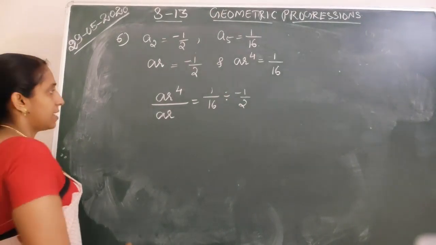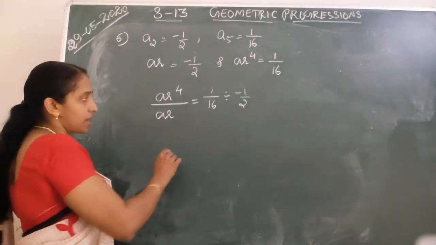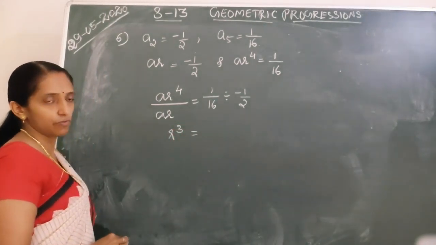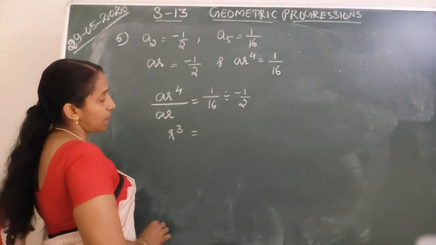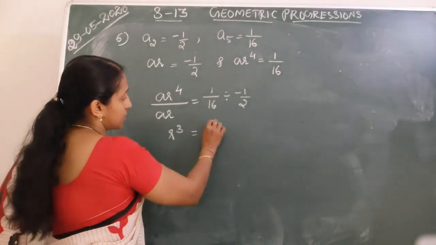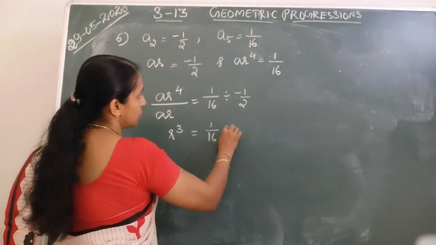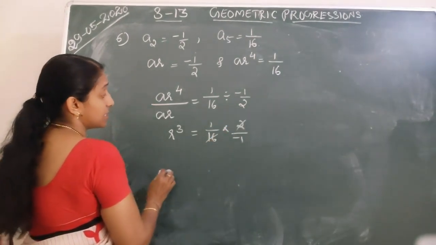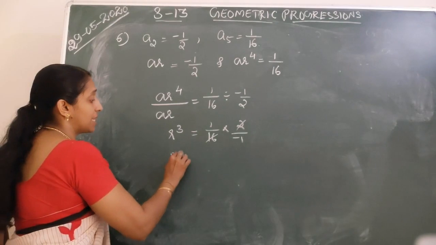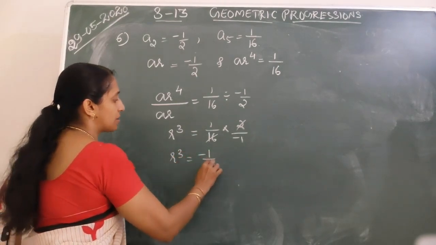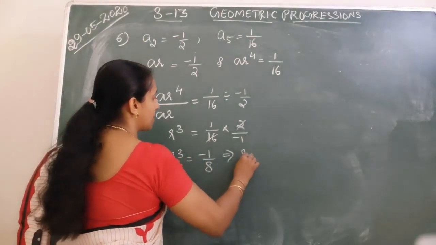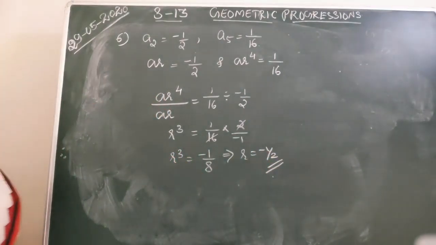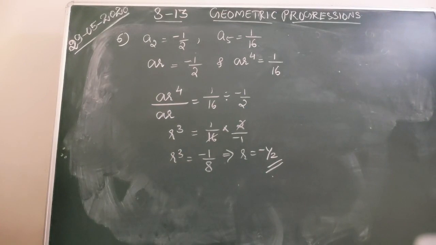A and A will cancel, 1 R will cancel, and you are getting R cube equal to, if you are interchanging, 1 by 16 into 2 by minus 1. So you are getting R cube is equal to minus 1 by 8, which implies R will be equal to minus 1 by 2.